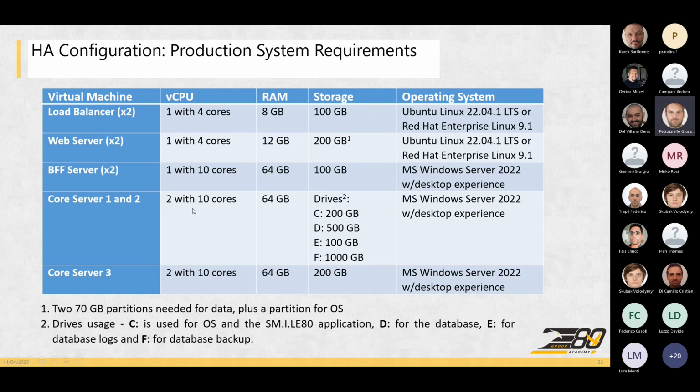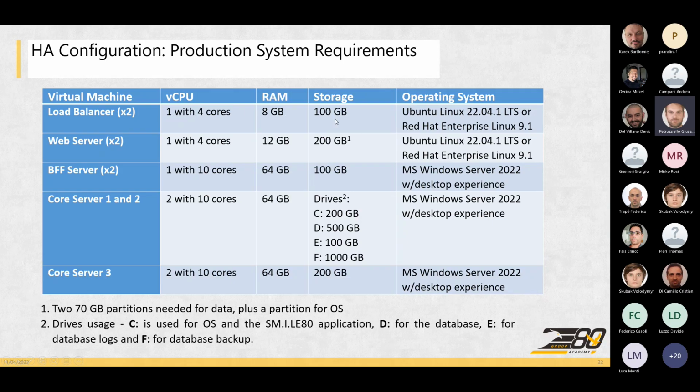Okay, just an idea about the requirements of this type of solution. We need 2 machines for the load balancer, Ubuntu Linux 22.04, like the basic configuration, and the resources are the same.